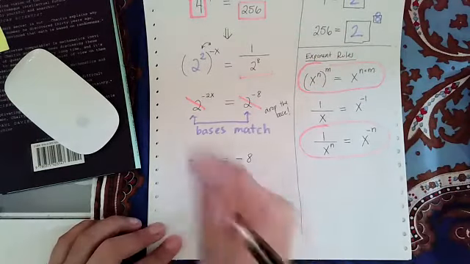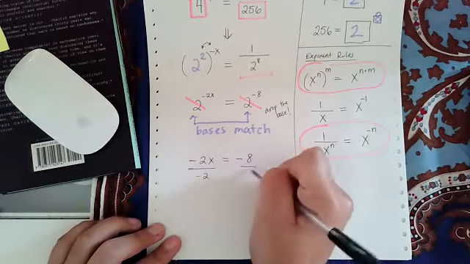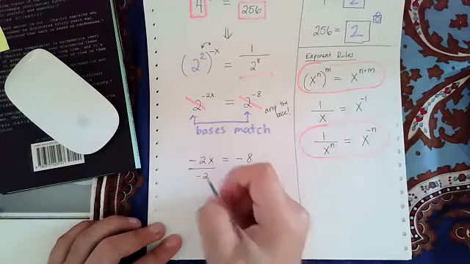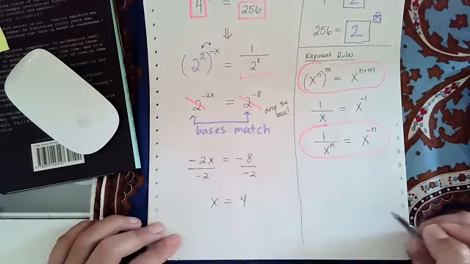Well, now we just have a simple linear equation, so I'm just going to divide by negative 2 on both sides. X should be equal to 4.